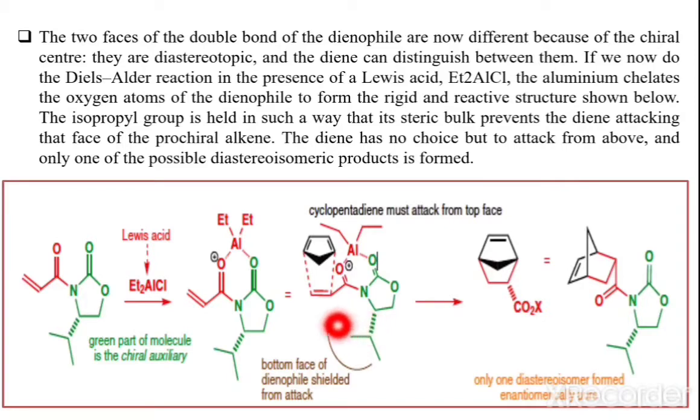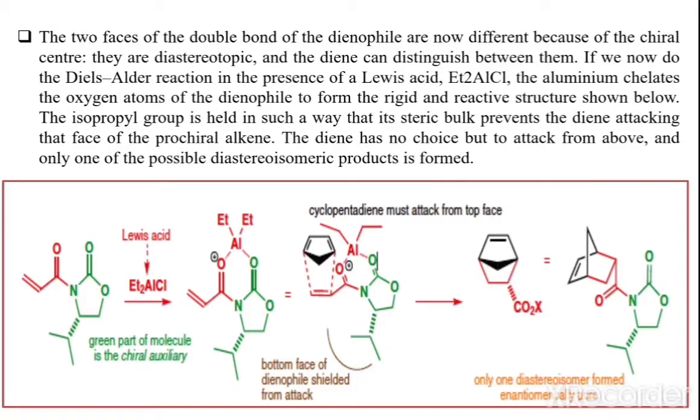Due to the steric hindrance, the attack does not take place from the bottom face; it attacks from the top face. Here we get only one diastereomer, and it is enantiomerically pure, because in the starting material, the green part of the molecule, the chiral auxiliary, has the isopropyl group present, which creates steric hindrance.